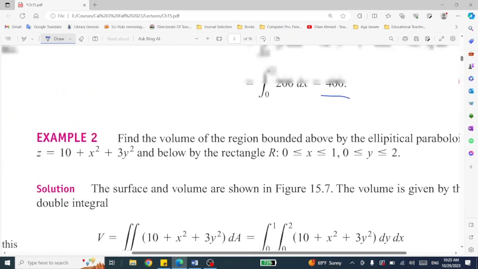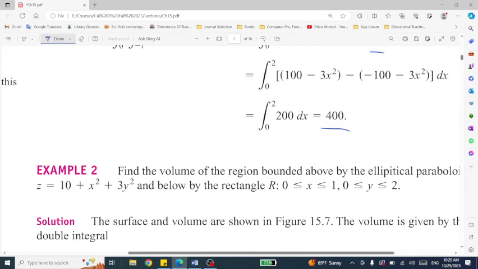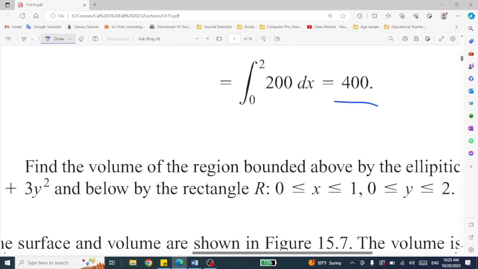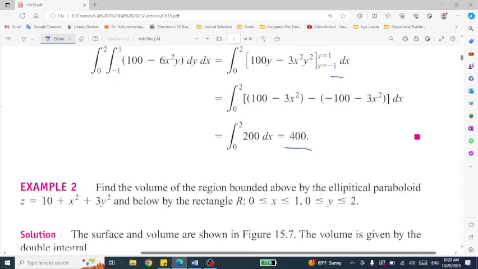And this is example number 2. You can do it for me, please. This part solved by dx dy.